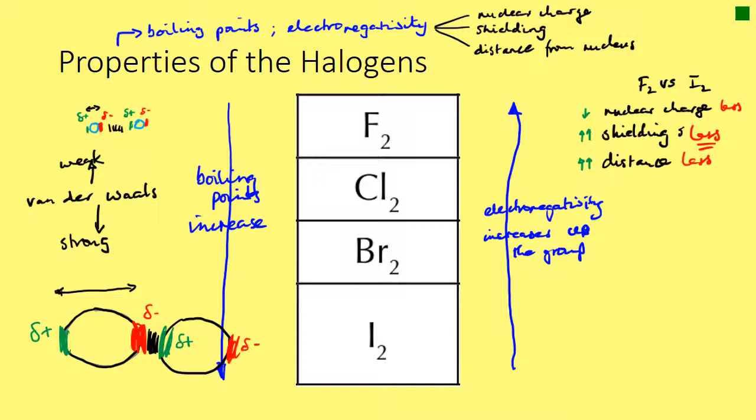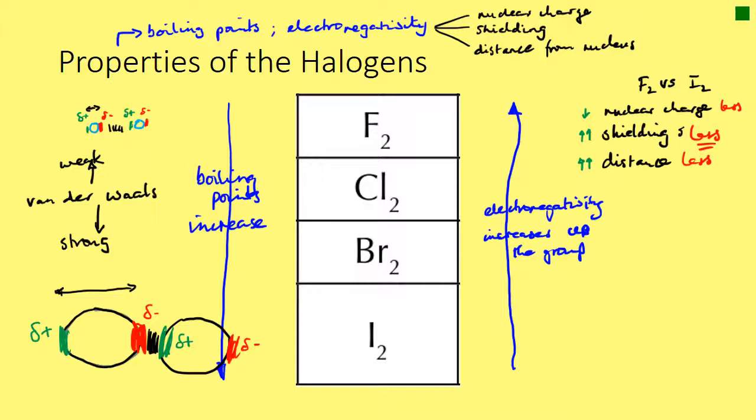You remember iodine is way down in the group, so it's got lots of complete shells of electrons. So the shielding is going to be less for fluorine. Fluorine versus iodine, the shielding is less in a big way, and distance from the nucleus is also going to be less.